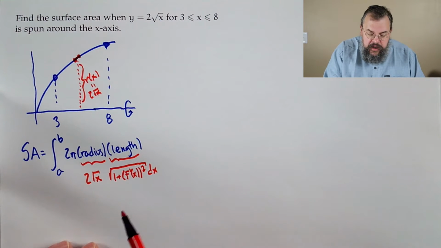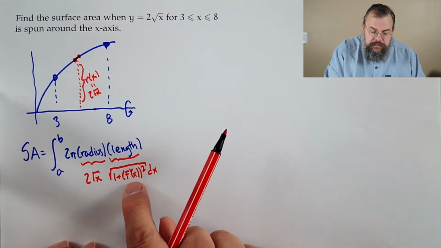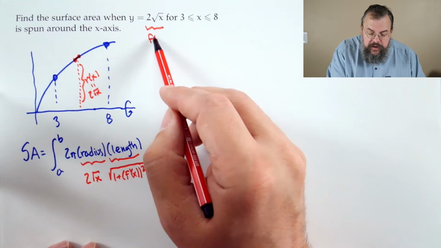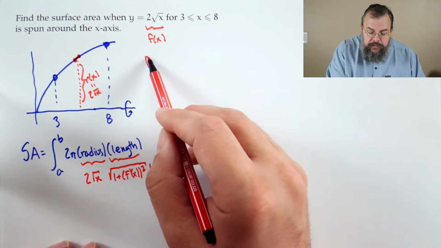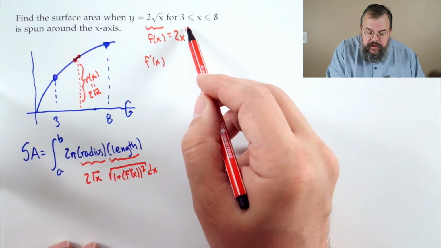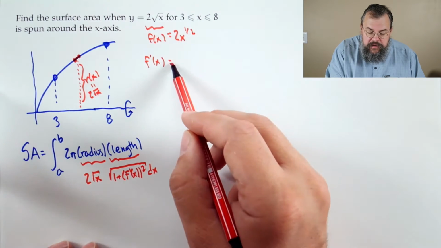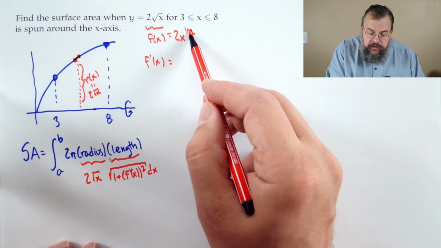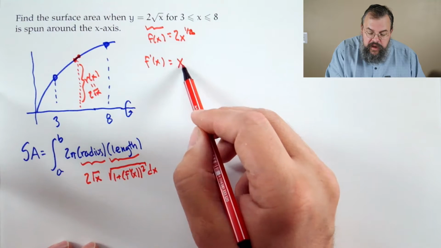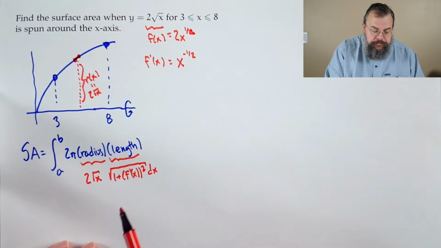And all right, well, that's good. Now we should do some other things. f prime, what is that? Well, if this is our f of x, f prime of x, well, let's just make a note. That's the same as 2x to the 1/2. f prime of x, the 1/2 comes down, so that cancels with the 2. It'll be x to the minus 1/2.